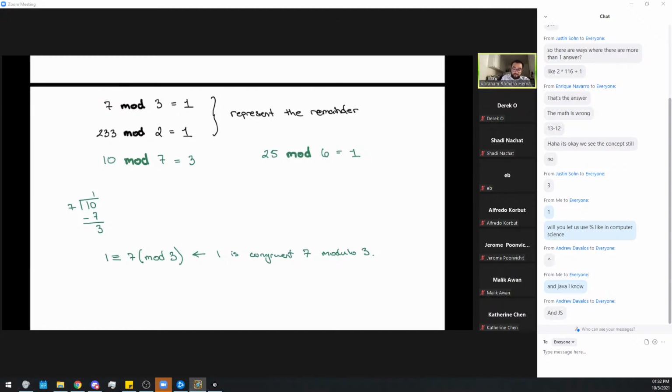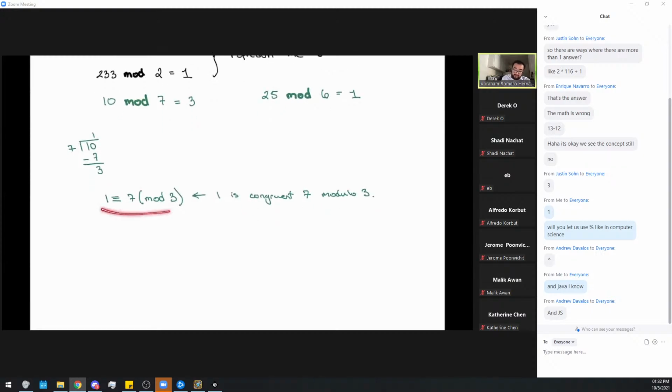It just represents the remainder of this. If I take this divided by that, what is my remainder? That's all it's asking. This, on the other hand, represents a relationship on the set of integers.